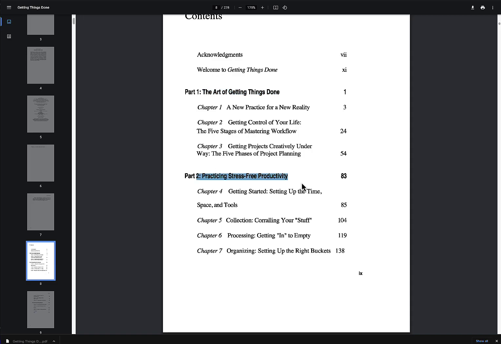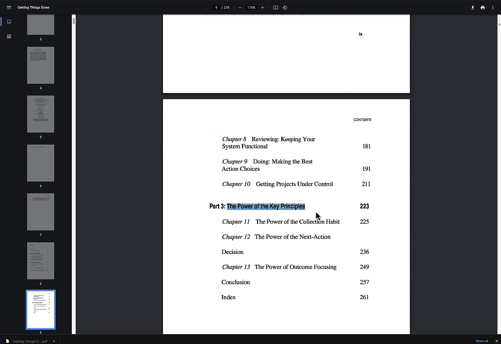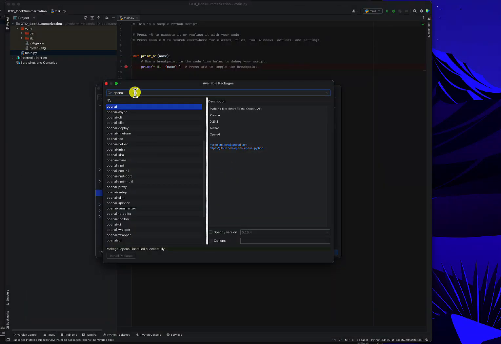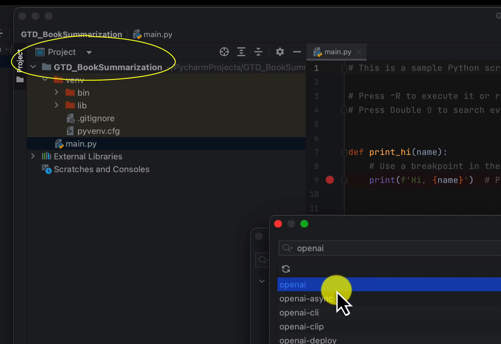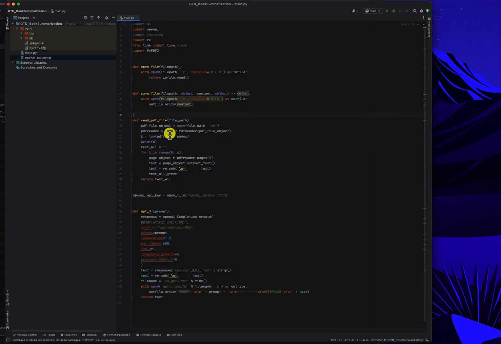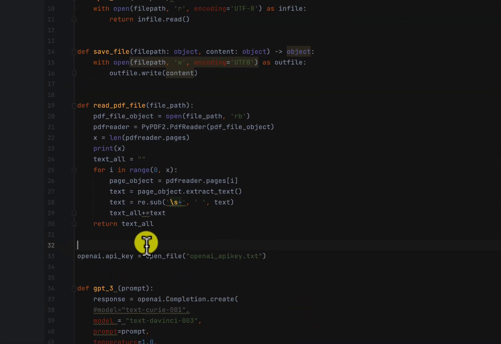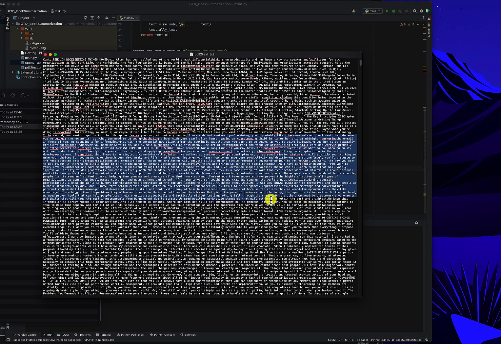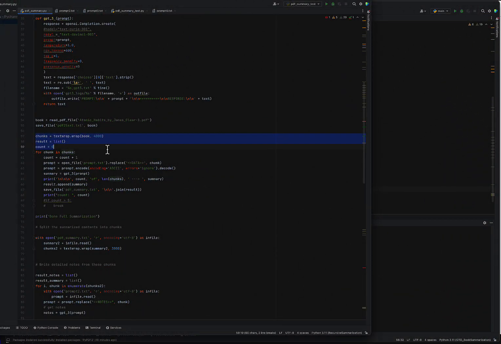And I started by coding the script. Okay, so I opened PyCharm and started a new project. I called it GTD Book Summarization. I created a PDF reader procedure to extract all the data from the PDF and translate it into a plain text file.